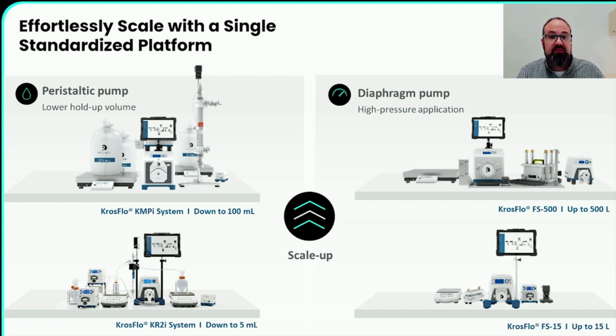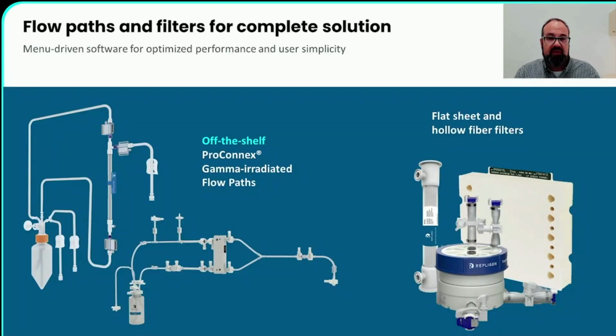And while each system family has their advantages for specific filter applications, they are completely agnostic to filter selection due to the configurability advantage we spoke of earlier, and because they also share the same software and auxiliary components. All of these advantages allow for accurate, effortless scale-up.